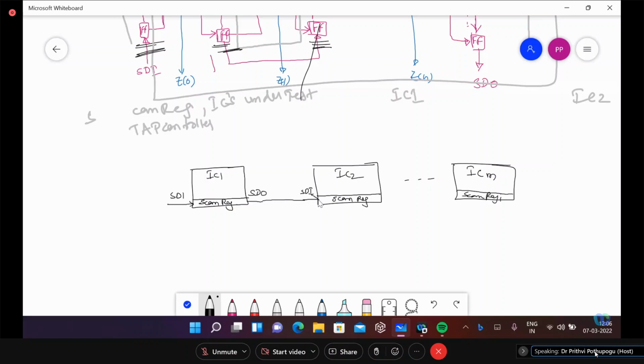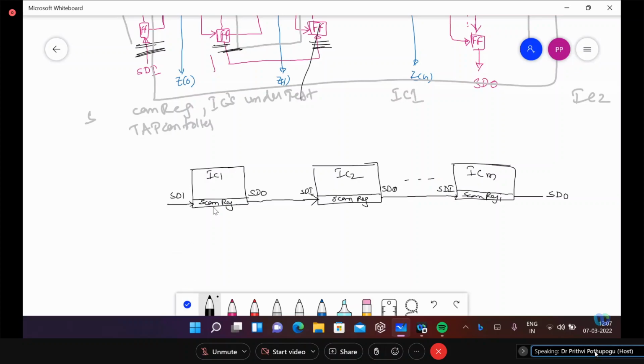Okay, that means now this is getting linked. Every IC you are testing is getting the scanned information of SDI to SD naught linked in the format of shift registers. And ultimately, this is your final SD naught of all ICs you are testing.